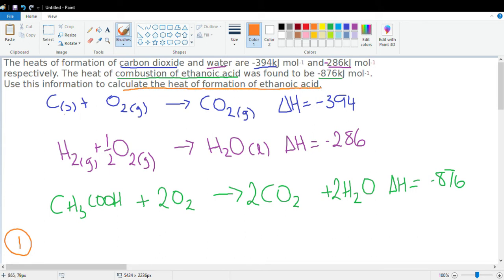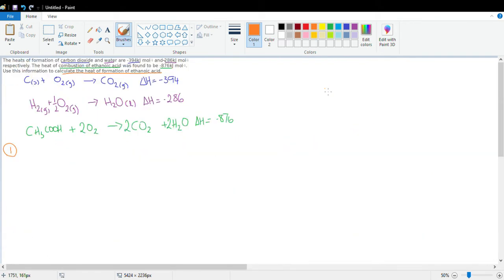So in the same way that we did it for the first two equations there, we're going to write out the heat of formation for ethanoic acid. So we're making ethanoic acid, CH3COOH. And that's going to be a liquid. And that's going to be made from carbon, hydrogen, and oxygen, all in their standard states.